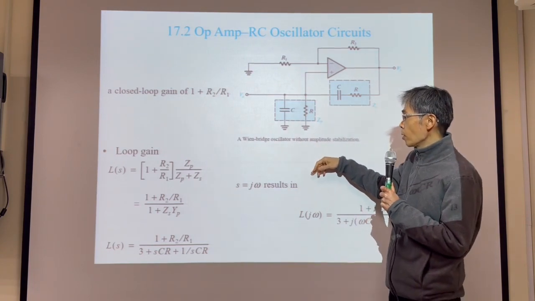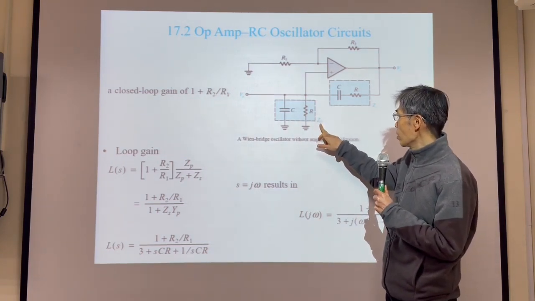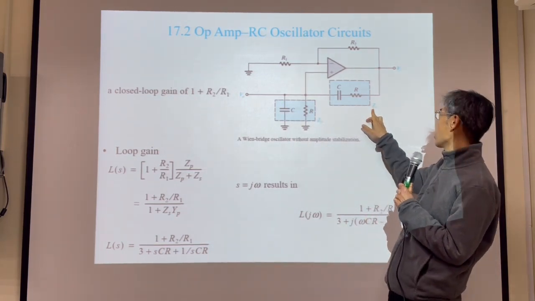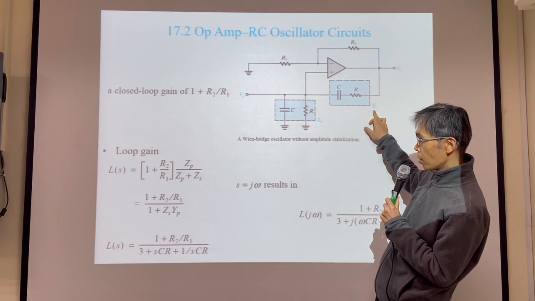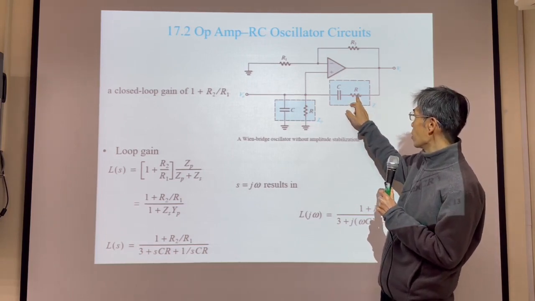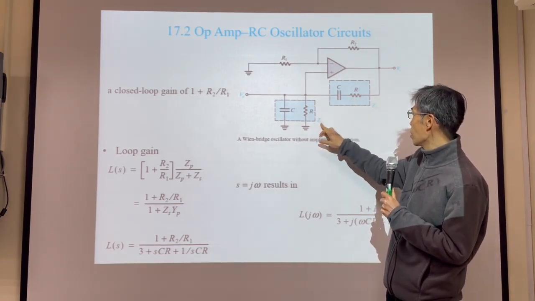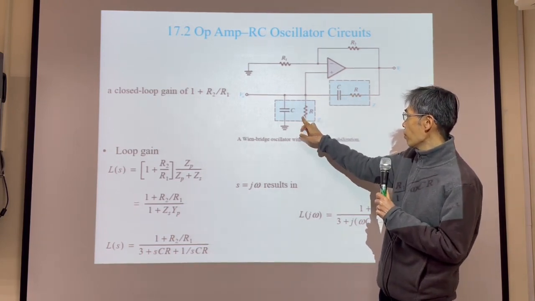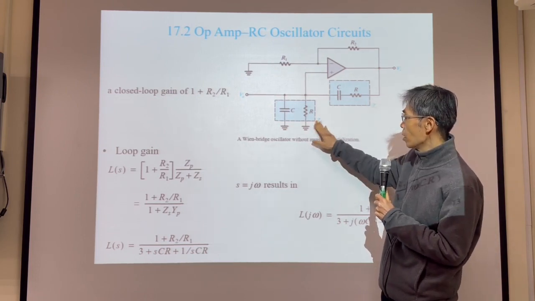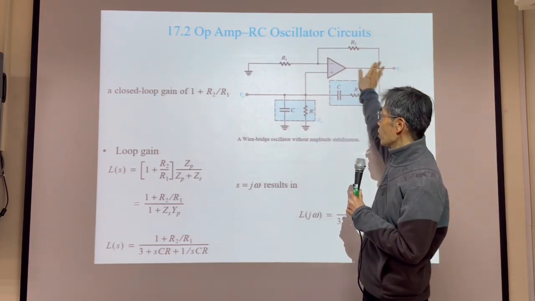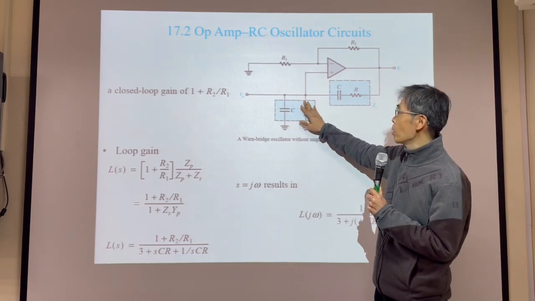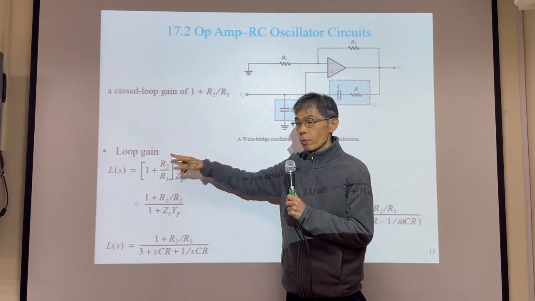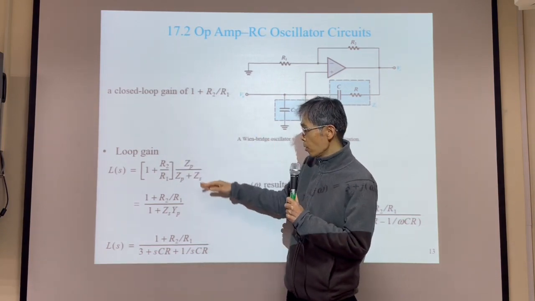But if we consider ZP is the parallel RC, and ZS is the serial RC, we have ZS and ZP. If you consider these two, you can derive the transfer function of this one, and you can get the loop gain L for the oscillator. Derive this one.